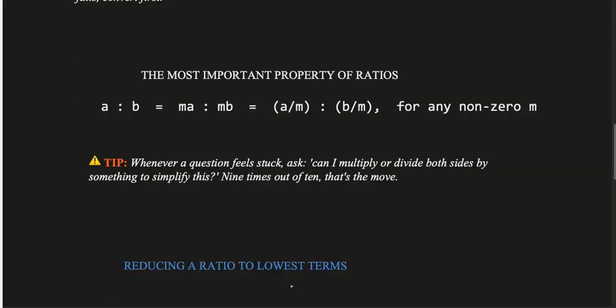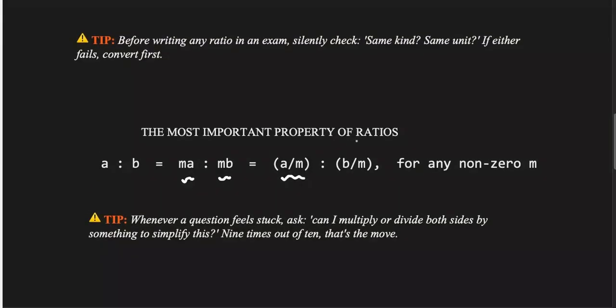And the most important property of a ratio is: A is to B is the same as MA is to MB, which is the same as A over M is to B over M, for any non-zero M. What does it mean? Before discussing the most important property of a ratio, first know the terms of a ratio.